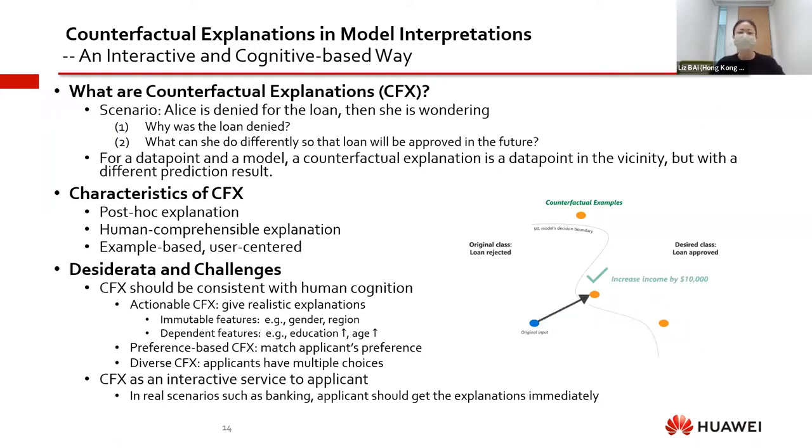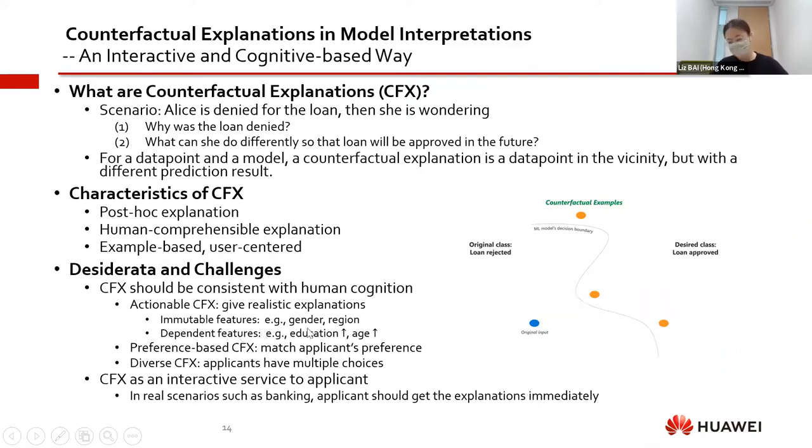But getting a CFX is not that easy because it has some challenges. CFX should be consistent with human cognition. For example, what is an actionable CFX? It gives a realistic explanation. According to our knowledge, there are some features that we cannot change, so-called immutable features.